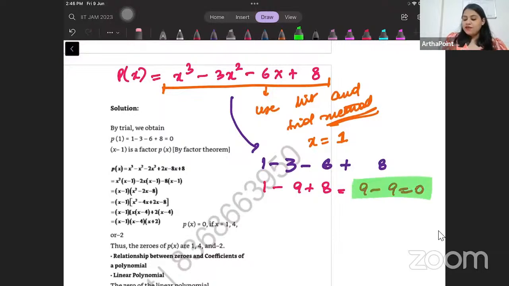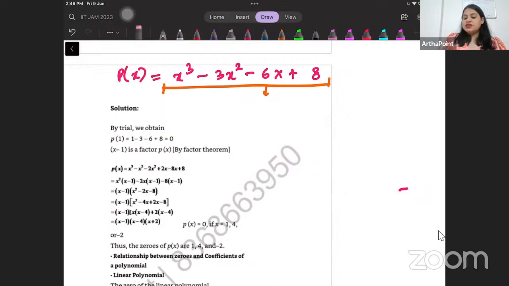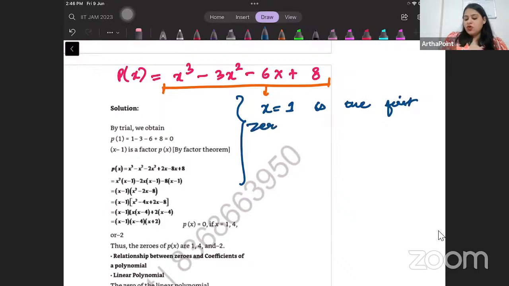So I am in fact getting 0 by putting x is equal to 1, which means that x is equal to 1 is the first zero of the polynomial.